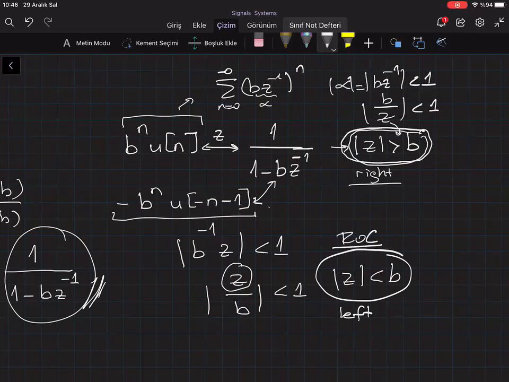One of them is greater than b, right-sided. The other one is less than b, left-sided. Okay? Here is b, left-sided, right-sided. Greater than b, less than b. We will use this in the coming part of this session.